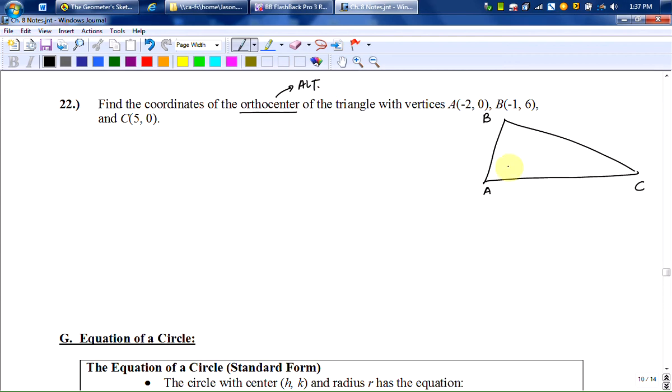So I'm going to try and write the equation of this altitude, which goes to side AB and through point C. I know that altitudes are perpendicular to the side, or the line that contains the side, and by side I mean the side opposite the vertex that we want it to go through. So I'm going to find the slope of side AB.